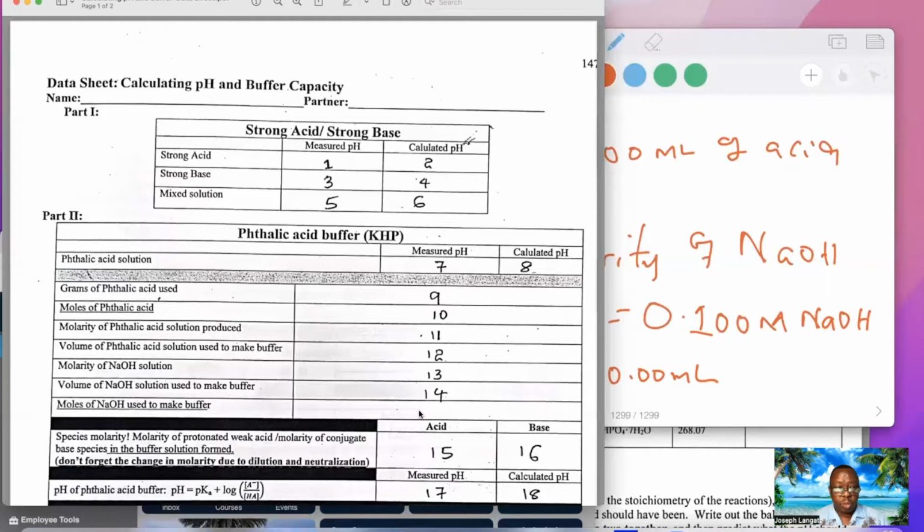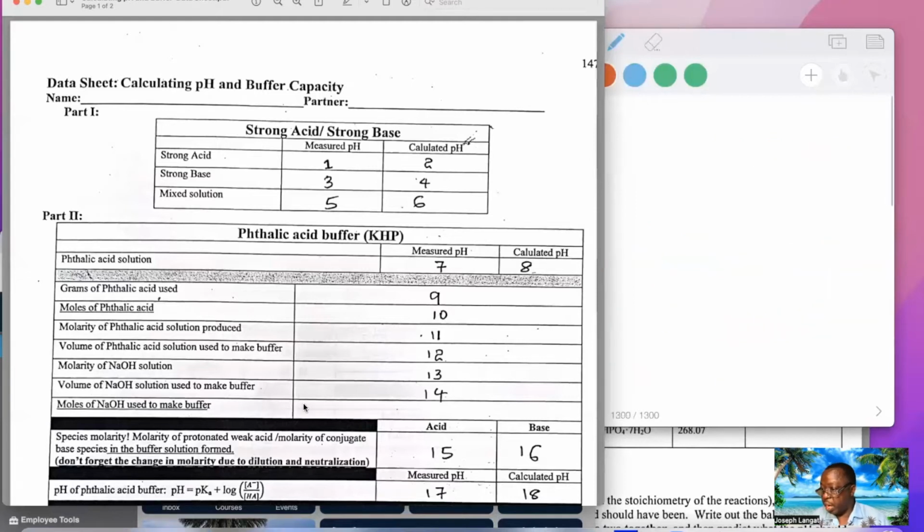I forgot to label here under 14, number of moles of NaOH used.